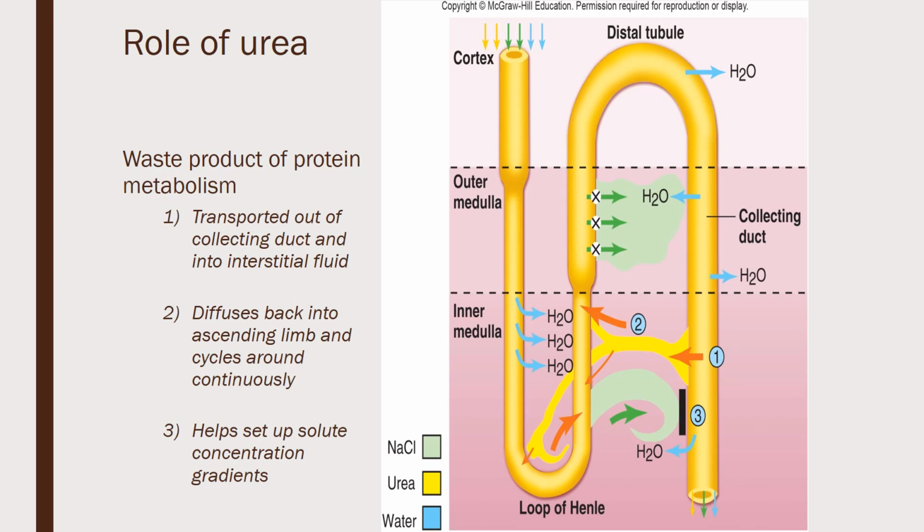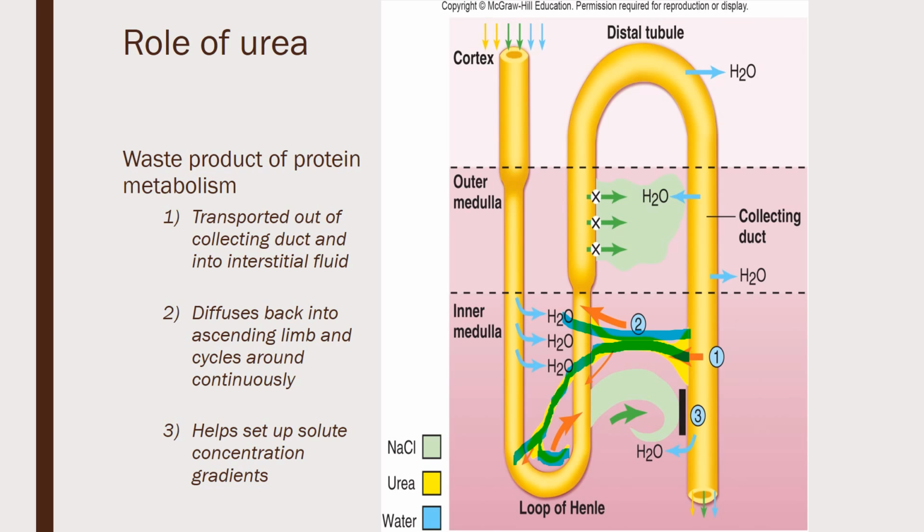In this figure, the yellow denotes the pathway of urea and how it is continuously reabsorbed, with about 45 to 55% being reabsorbed. Within the loop of Henle, this is where it plays its role in helping with the osmolarity changes of sodium and chloride.